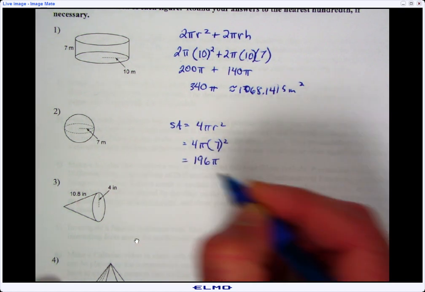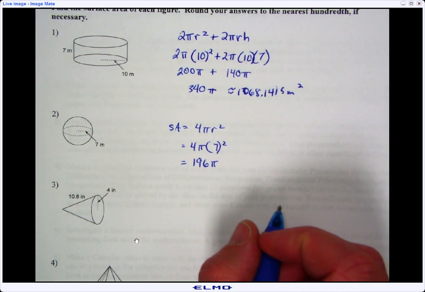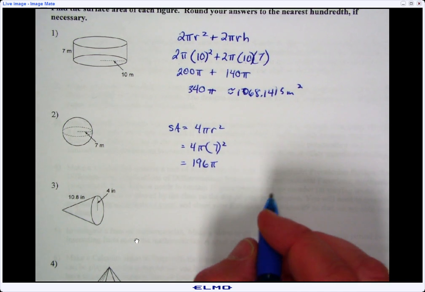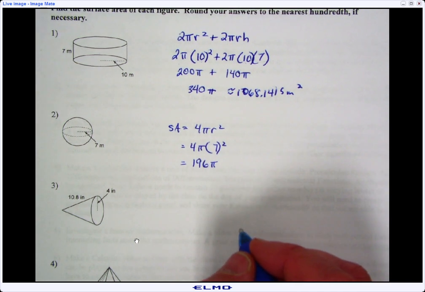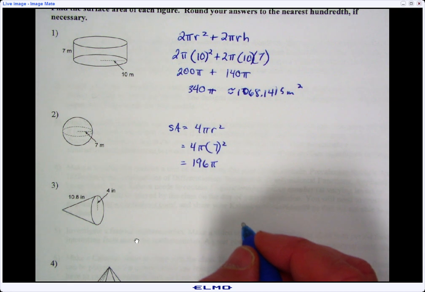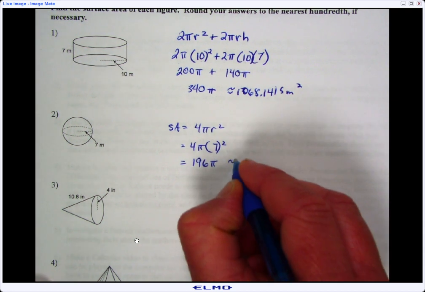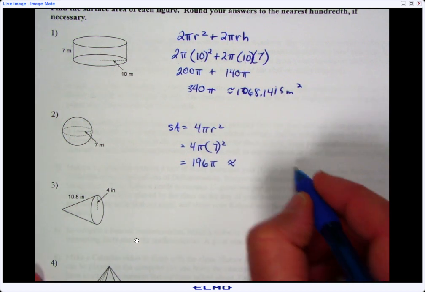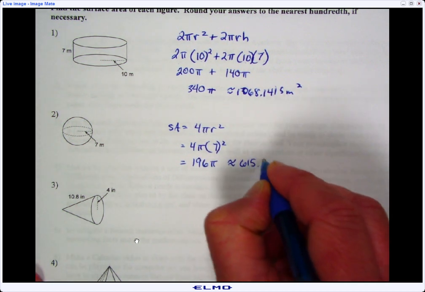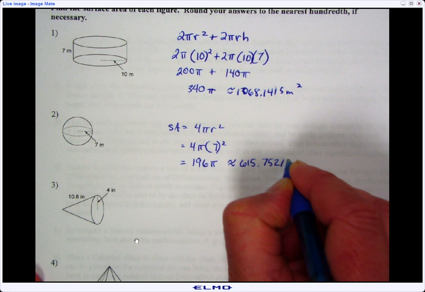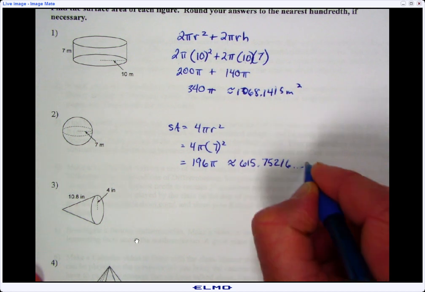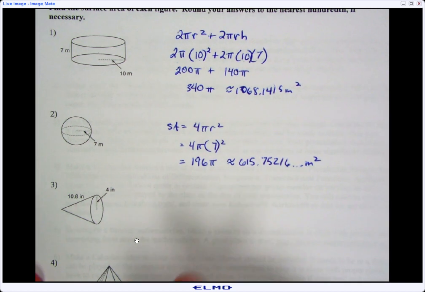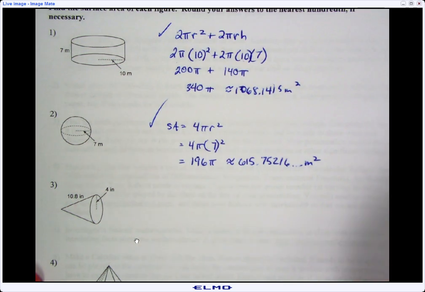Always try to leave it in terms of pi before you simplify, just to get used to that, because sometimes answers will show up that way. Which, when you approximate it, when you multiply by pi, you get 615.75216 meters squared. Again, straight up Glade problem. Plug it in, go.